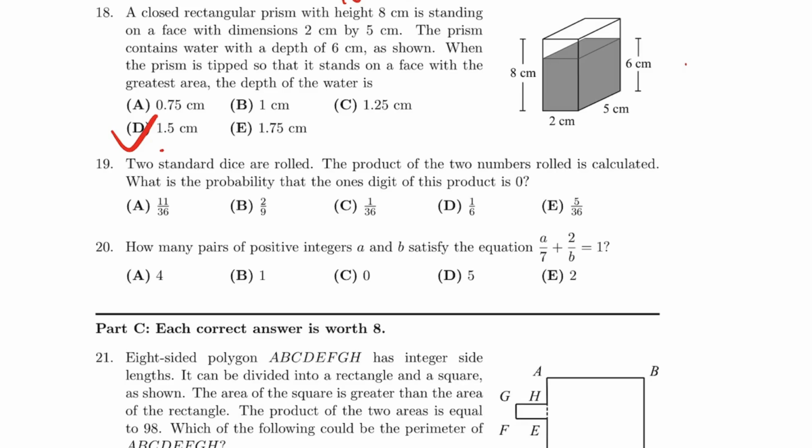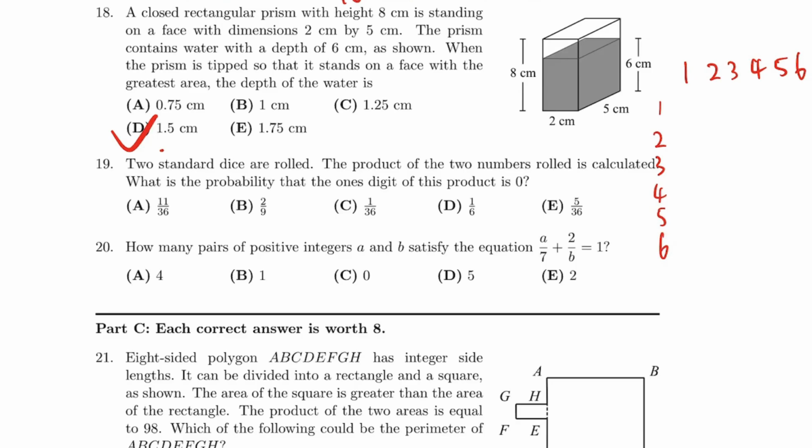Okay, so in this case, we need to list all the possibilities, all their products, which will give us a product whose ones digit is 0. This is more clear. Okay, so 1, 2, 3, 4, 5, 6, and 1, 2, 3, 4, 5, 6.